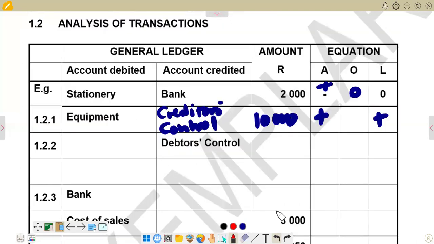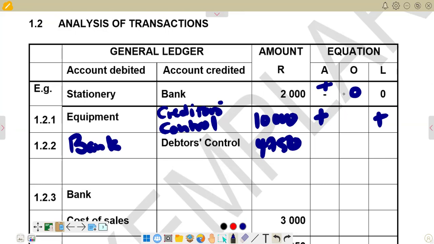So we are crediting debtors control with 4,750, and we debit bank, since we are receiving through EFT. If we were receiving through cash, we would debit our cash account.